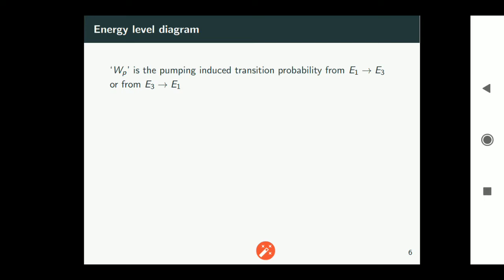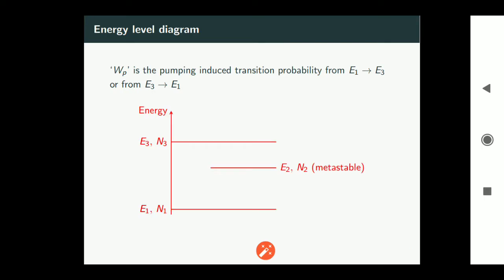If WP denotes the pumping radiation transition probability from E1 to E3 or E3 to E1, then the number of atoms undergoing excitation from level 1 to level 3, or de-excitation from level 3 to level 1, depends on this radiation. WP, although a transition probability, contains information about the radiation density incident on the system.